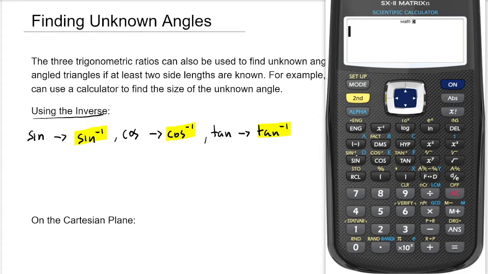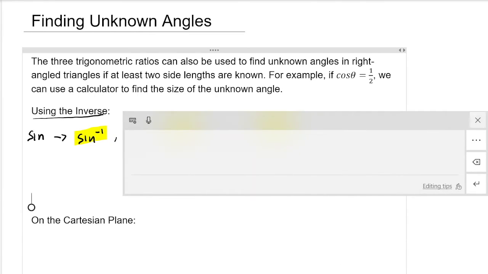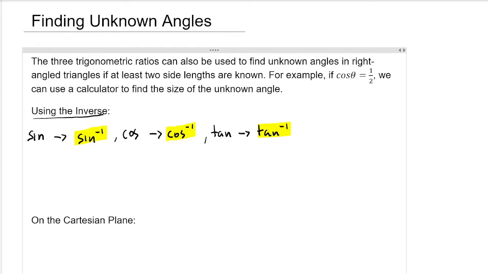To get to those, you just need to use your second function key. That'll be the same in pretty much every calculator. Some things around the inverse: we just type that straight in pretty much. But there are some things that you can already know.